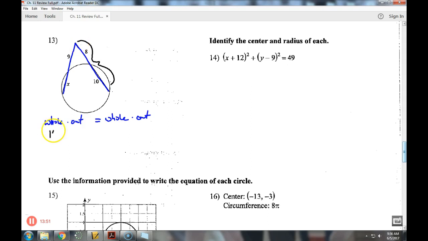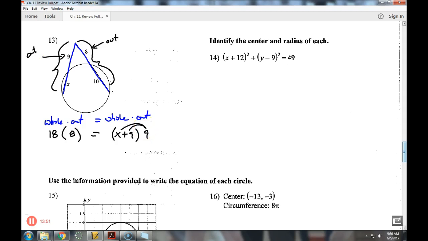This whole piece is 18, and then the outside portion is 8. On the other side, the whole piece is x plus 9, and the outside portion is 9. And you can put this 9 on either side, distribute how you want, but it all shakes out to be the same.